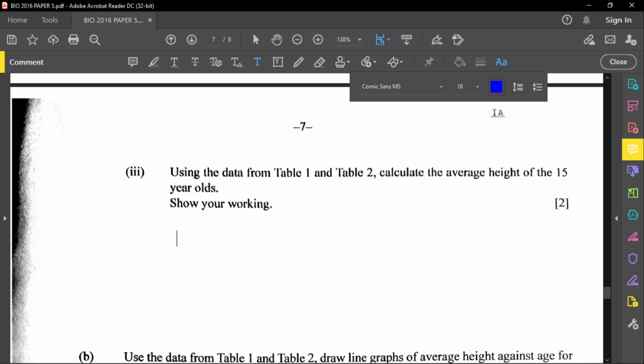So now to get the average here again is 4 numbers. So what you're going to do here is 160 plus 158, and then the one of the female again was 160.